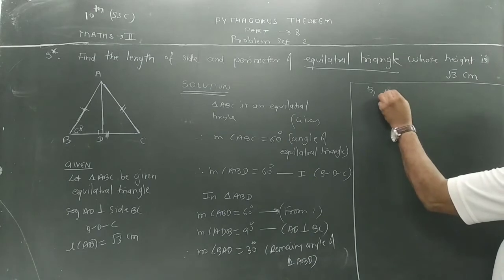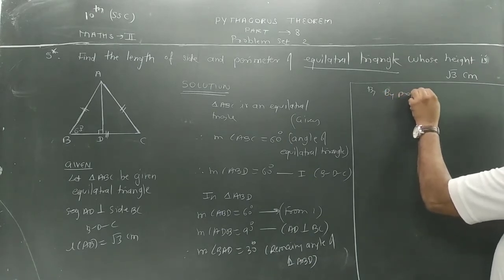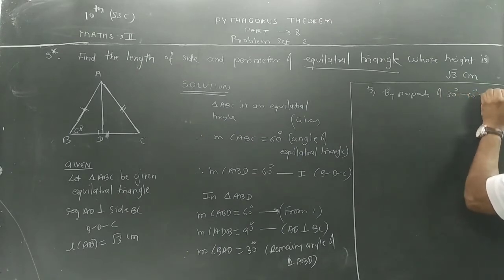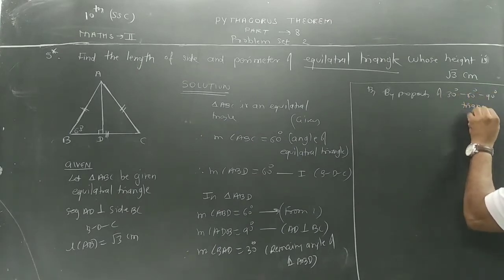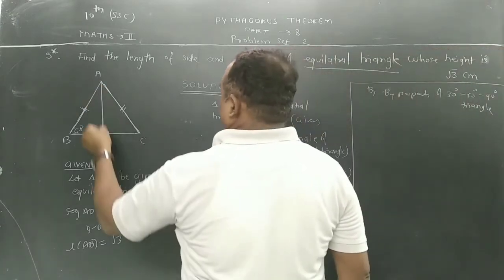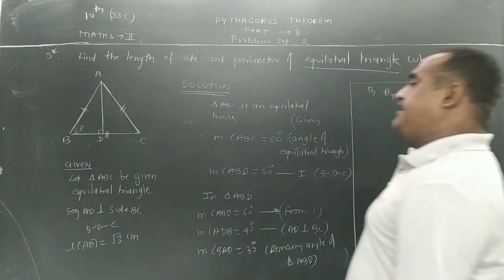Then by property of 30 degree, 60 degree and 90 degree triangle, we know the value of AD, which is the opposite side of 60 degree.